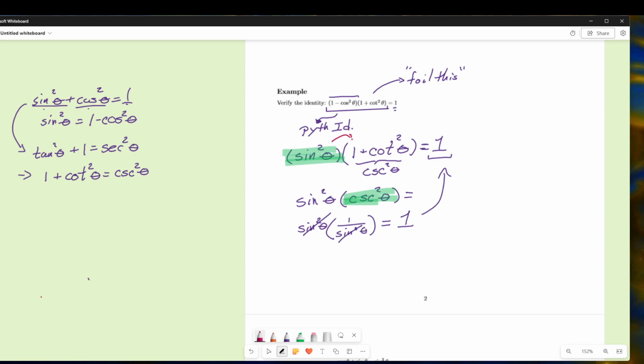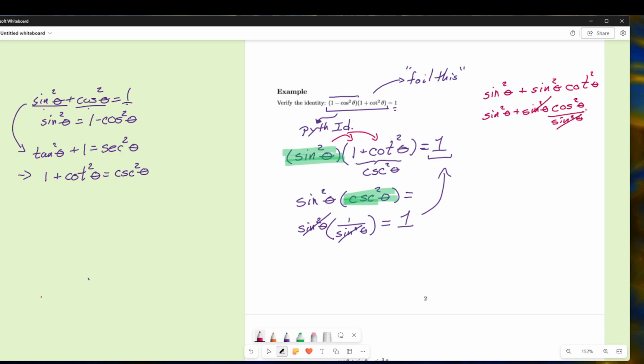If here we instead would have thought, hey, let's distribute that, we'd have gotten sine squared theta plus sine squared theta times cotangent squared theta. Okay. And then I kind of want to simplify this some, but that cotangent, remembering it's cosine squared theta over sine squared theta, is nice.